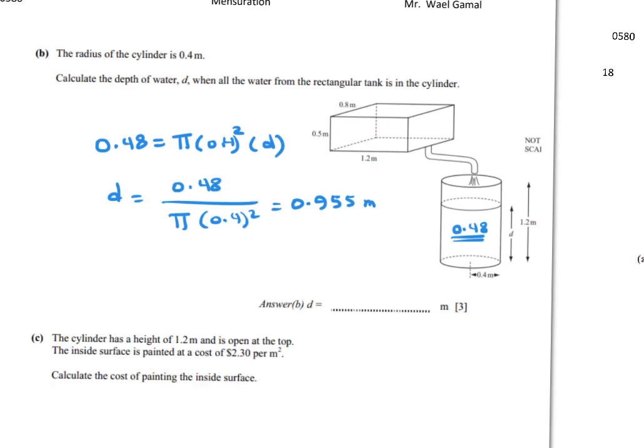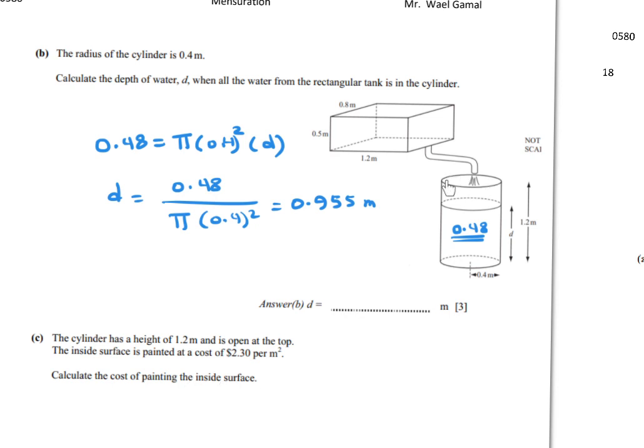Now for C, the cylinder has a height of 1.2 meter and is open at the top. The inside surface is painted at a cost of $2.30 per meter square. Calculate the cost of painting the inside surface. So to find the cost, we need to find the inside surface.